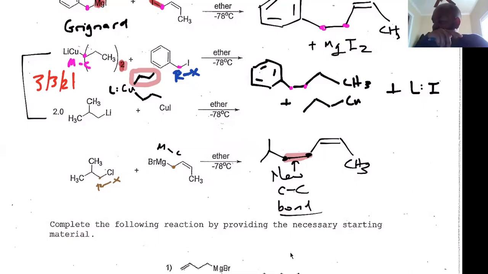What would you get from that? Anybody? You got 2 moles of an organolithium plus copper iodide. What should we get from that?